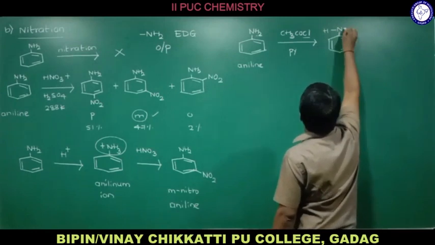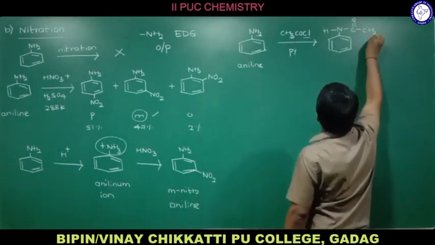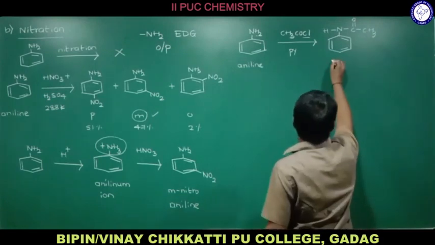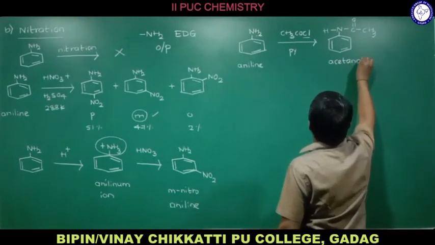So NH I will write, C double bond O CH3, this is phenyl ethanamide, and commercially you can call it acetanilide.